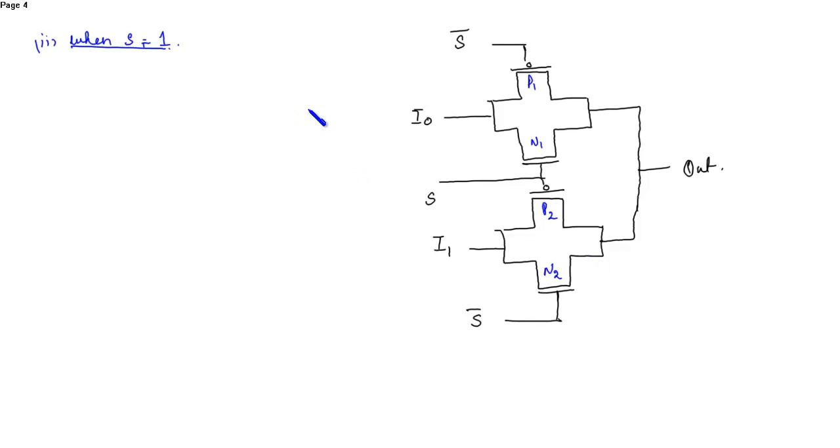Now when S is equal to 1, S bar will be 0. So we know that when input is equal to 0, then the PMOS will be on and the NMOS will be off. If it's 1, PMOS will be off and NMOS will be on.